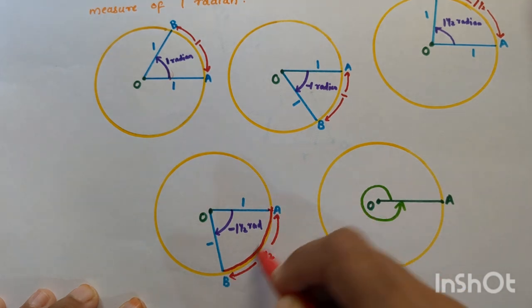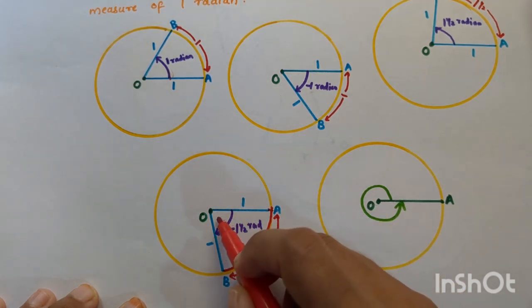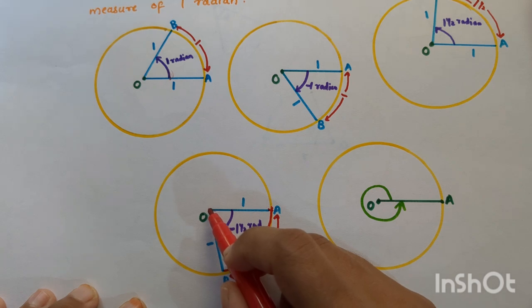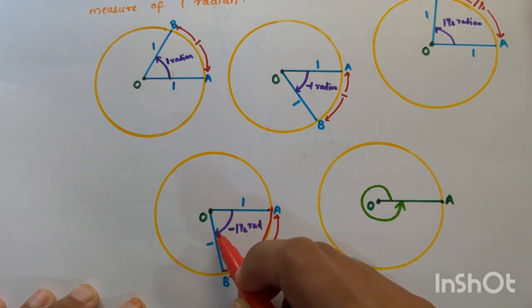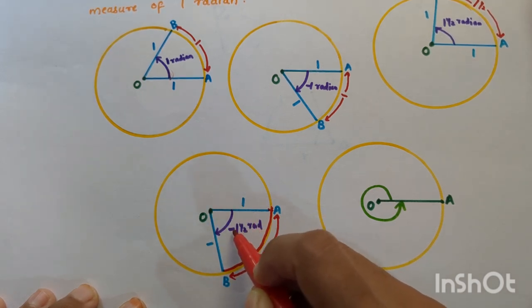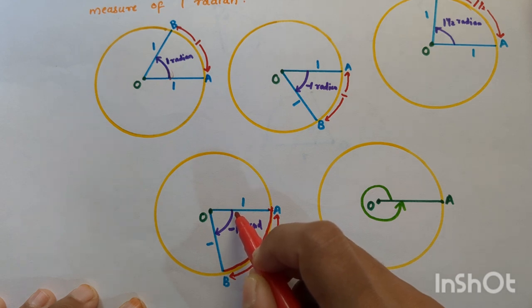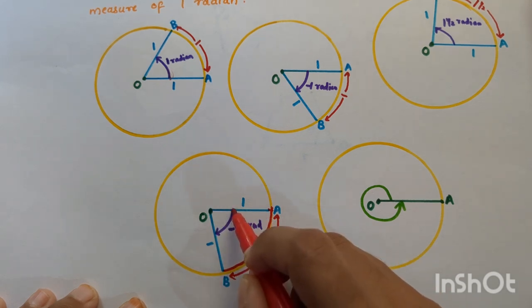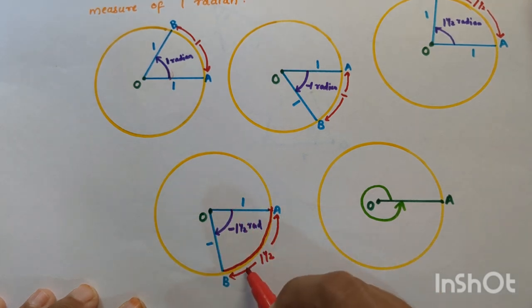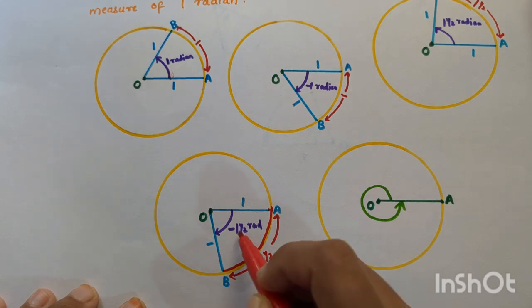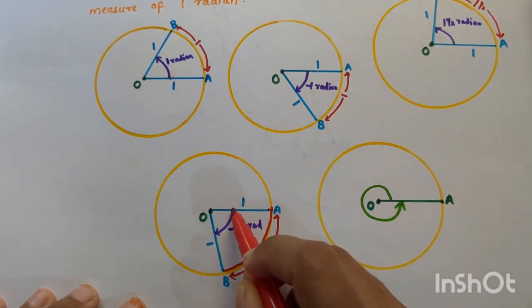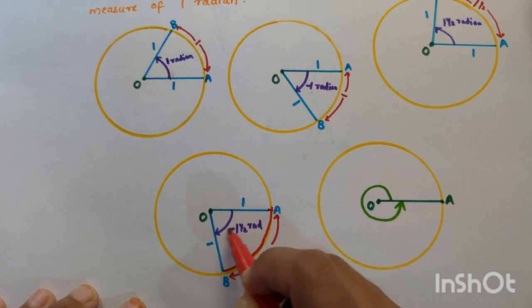This arc subtends an angle at the center of this unit circle, and that angle is minus 1.5 radian because we have rotated the initial side in the clockwise direction. Since the arc length is 1.5 unit, its angle will be 1.5 radian. Since the initial side is rotated in the clockwise direction, it is minus. Okay.